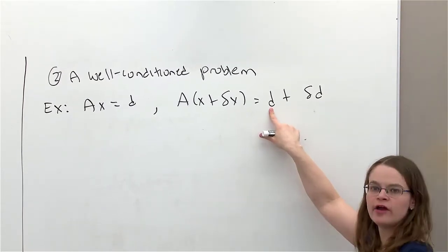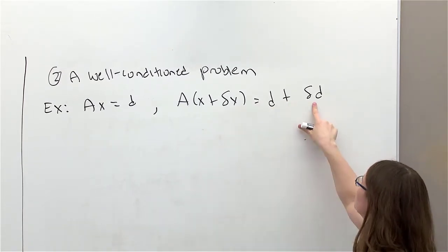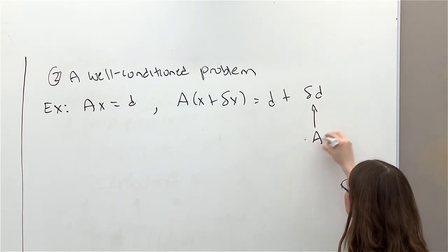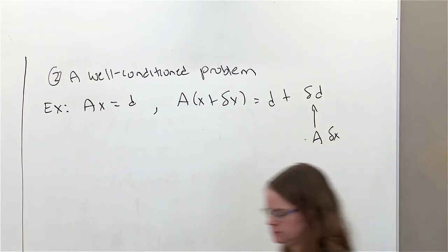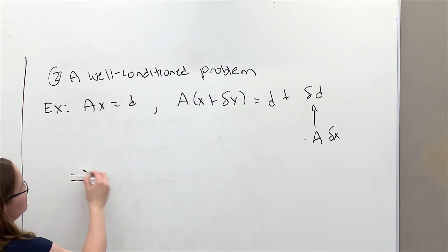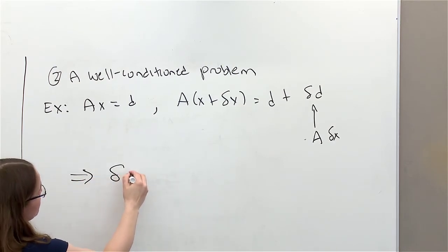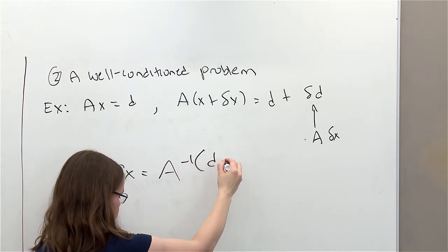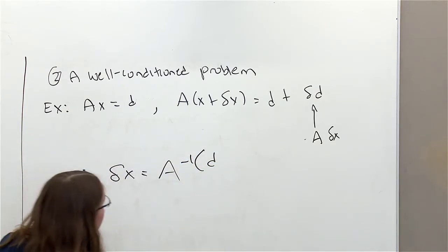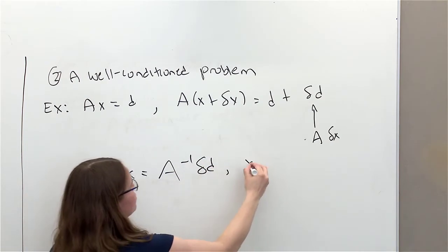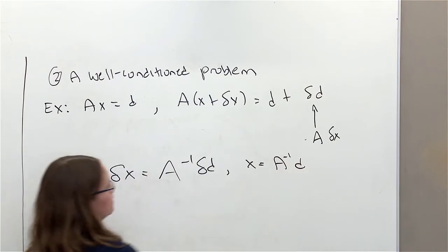Okay, so this was our AX, and then this term is going to be our A delta X. So what do we have? We have that delta X is equal to A inverse of delta D, and X is equal to A inverse of D.